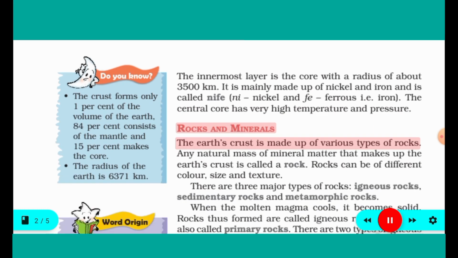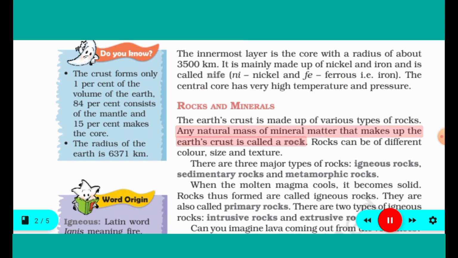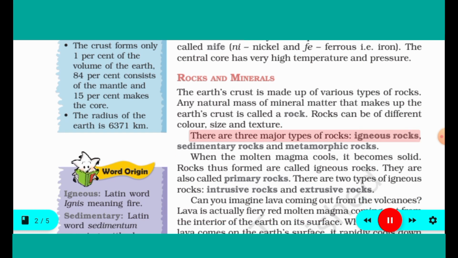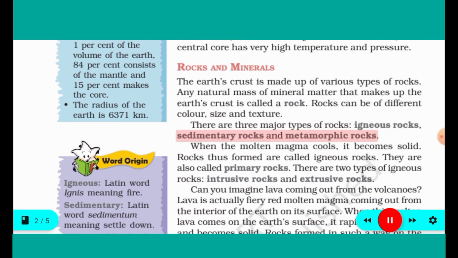Rocks and minerals. The Earth's crust is made up of various types of rocks. Any natural mass of mineral matter that makes up the Earth's crust is called a rock. Rocks can be of different color, size and texture. There are 3 major types of rocks: igneous rocks, sedimentary rocks and metamorphic rocks.